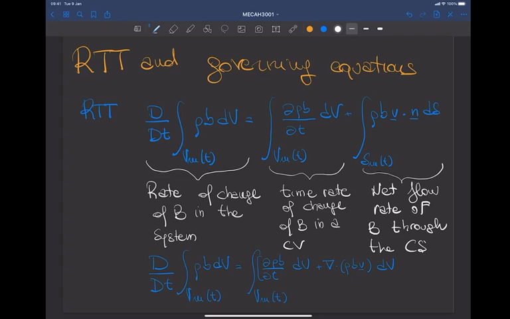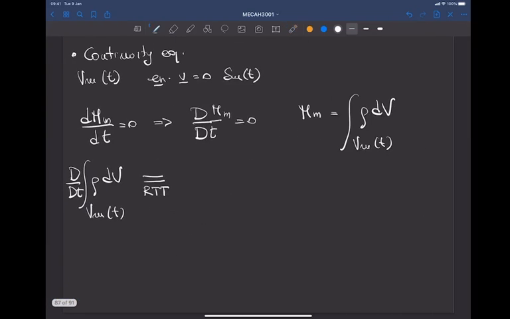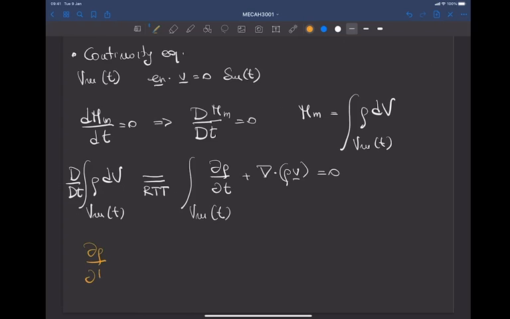Of course, for the case under investigation, our B is equal to 1 because we have the transport of the extensive property which is mass. So what I get is the integral over VMT of partial rho over partial t plus divergence of rho v, and this is equal to 0.